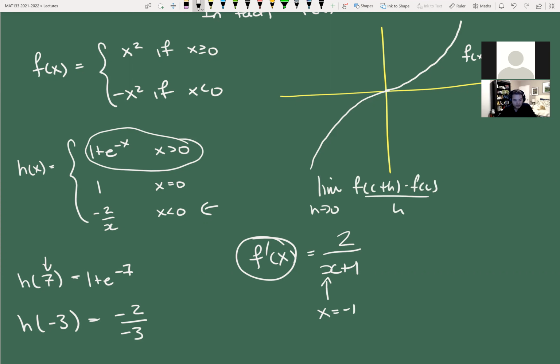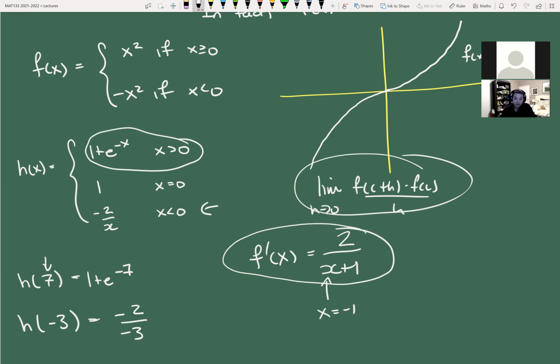But this is a lot of work, so it's way easier to just compute this thing and determine where that function is undefined. In our case, that function is not defined at -1, so that's where it fails to be differentiable. It is defined for every other value of x. So it was a general question about 6-2, which is how you determine where a function is differentiable.